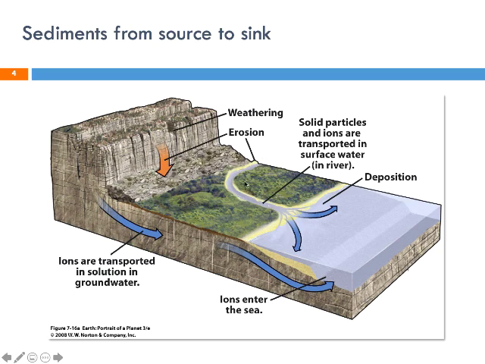This is a function of distance to the source. This area here we would refer to as a source of sediment, where erosion is an important factor, and the transport will eventually bring materials into different environments where they get modified or deposited in river systems or eventually in the sea.